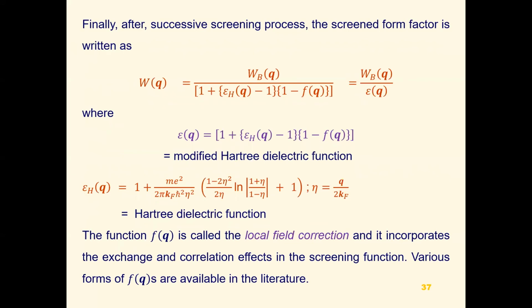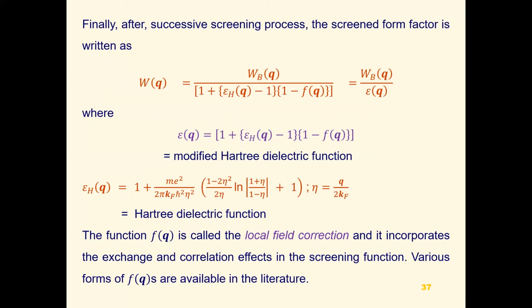Finally, after the successive screening process, the screened form factor is written as the following equation: W(Q) is equal to W_B(Q) divided by epsilon(Q), where epsilon(Q) is represented by the modified Hartree dielectric function.